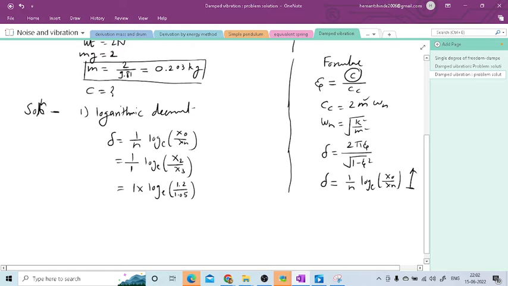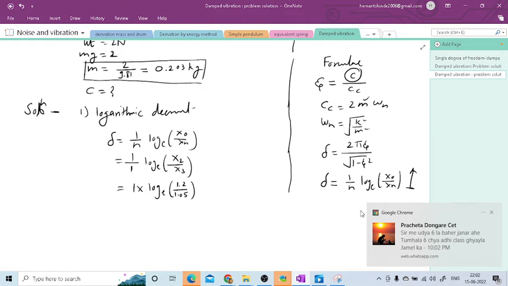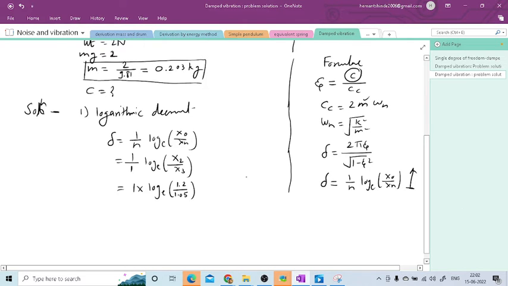See, these two values are given in centimeter, but I have not converted into meter, because when I take the ratio of these two values, their centimeter will be cancelled. So I have taken these two values directly in centimeter. So there is no issue of the unit.